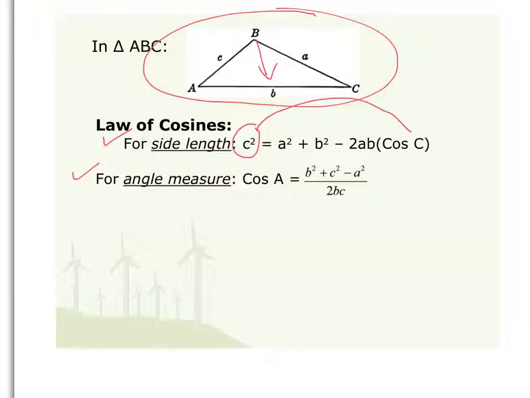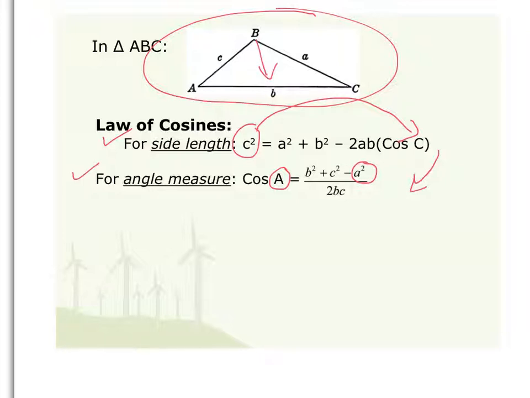That matches the angle that we're taking the cosine of, and notice the rest of it involves side a and side b. Here, if we're looking for the cosine of A, notice that matches what we're subtracting on the numerator of that equation. It's the same equation. All that's going on is we've taken this first equation and restructured it to solve for the cosine of A, as opposed to a side length. That's what they look like.